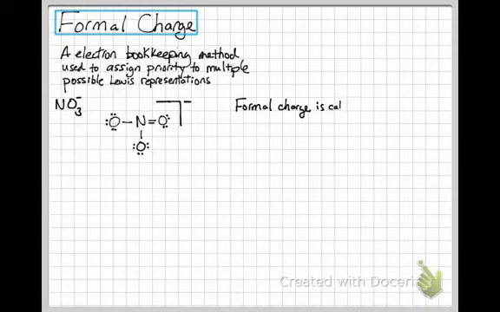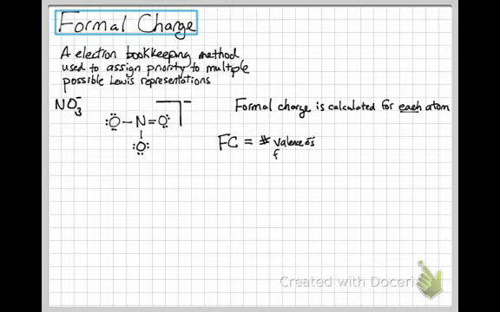Formal charge is calculated for each atom in the molecule or ion. So we will calculate formal charge for all three oxygens and the nitrogen in this ion.